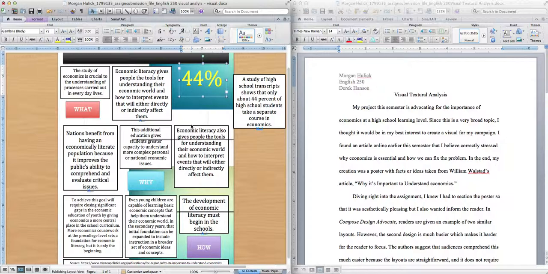So what I would encourage you to do is do some research and look for some infographics online on just Google image search and see how statistics and information is put together in a much more visually appealing way. So I like that you have the organization, the blocks are helpful. But the what, why, and how don't really line up in any particular way because the diagonal doesn't really help readers get their cue in any sense.